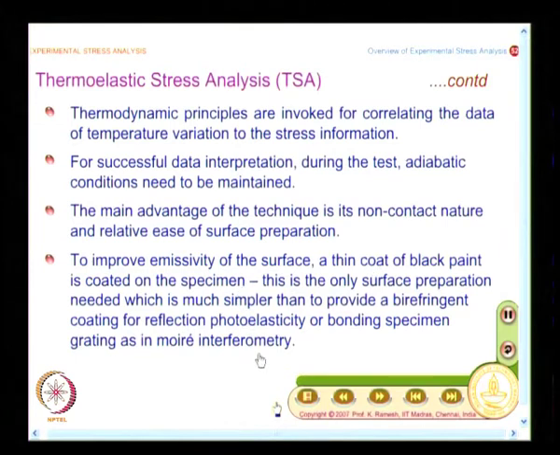And again it is a comparison, that is what is summarized here. This is the only surface preparation needed, which is much simpler than to provide a birefringent coating for reflection photoelasticity or bonding specimen grating as in Moiré interferometry, and so on. You can cite many such comparisons, that is not something difficult.